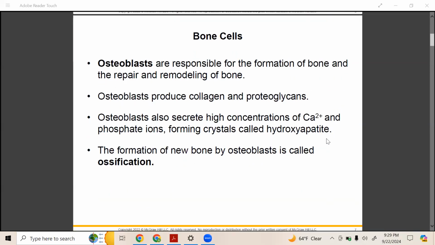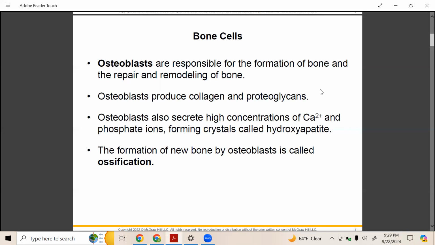Okay, let's touch on our bone cells again. We talked about this a little bit in our last chapter and in the tissues chapter, but our osteoblasts are builders. So remember, blasts build. These are going to be responsible for formation of bone and also repairing or adding to the bone. They're going to produce both collagen and proteoglycans, the two important components for the strength.